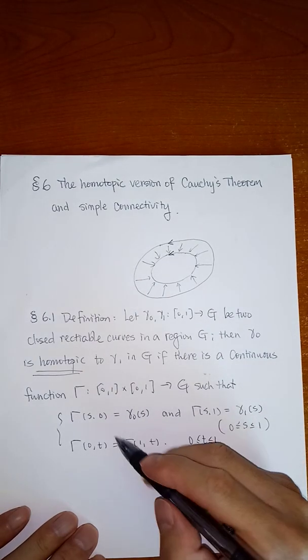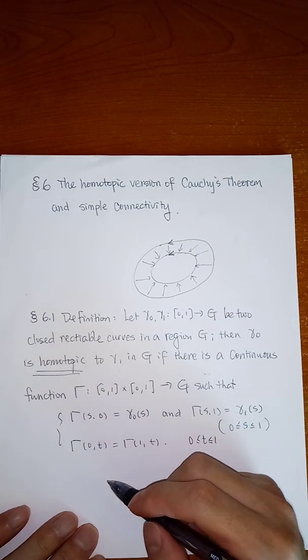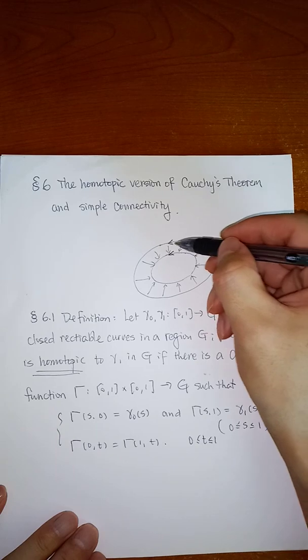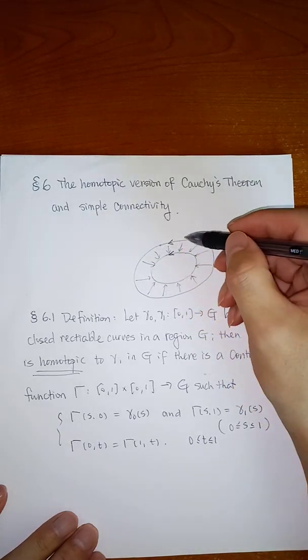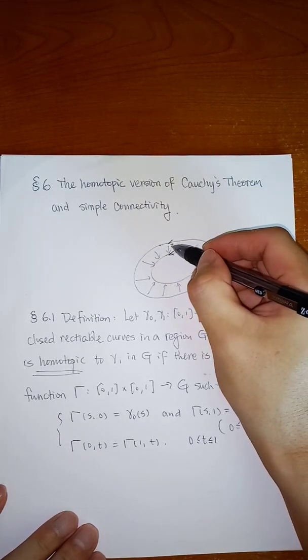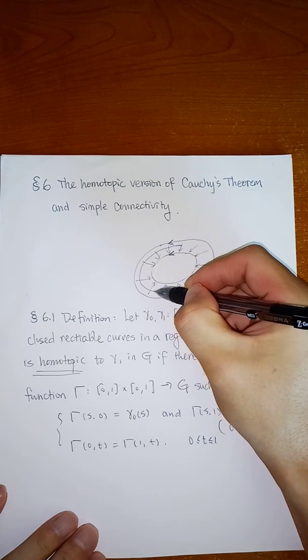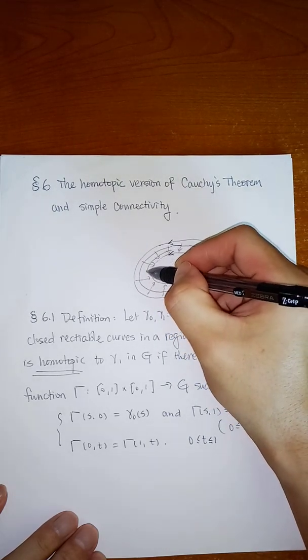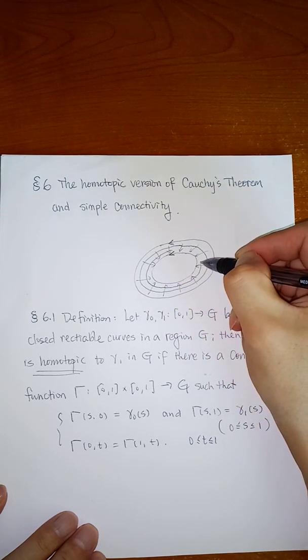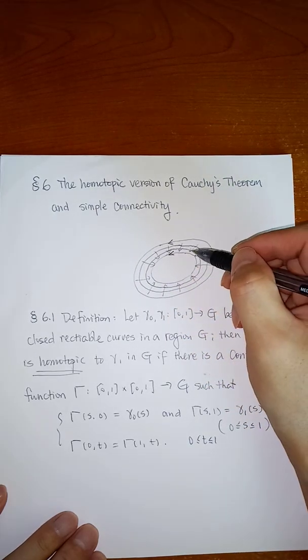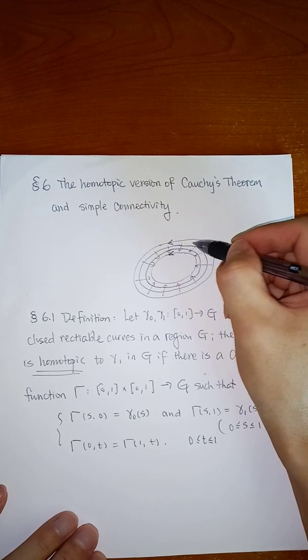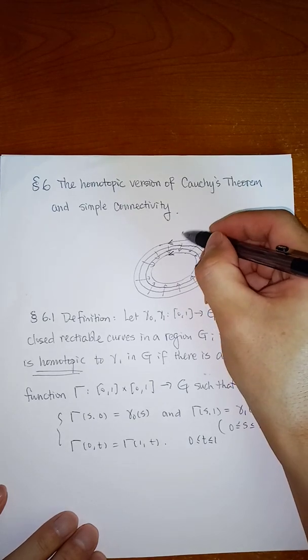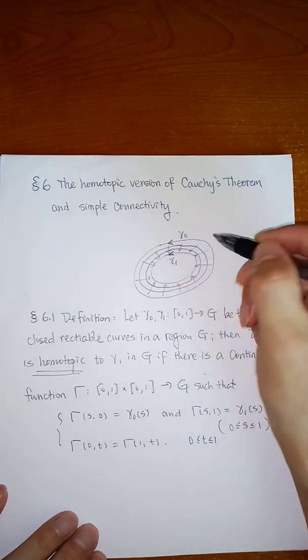Okay, so what is this capital Gamma? The capital Gamma is the following function. As we go through this process, between these two curves there are several possible positions for this rubber band. Let's assume this is gamma 0 and the final position is gamma 1.